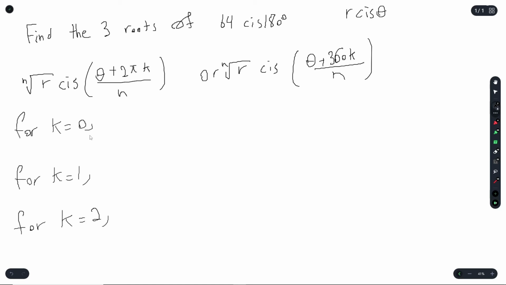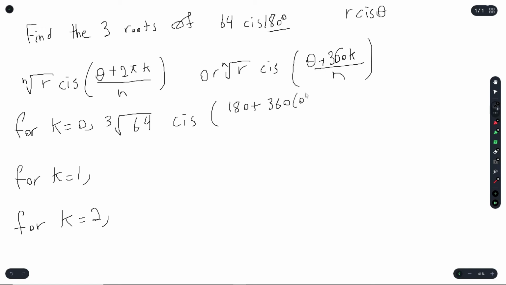So for k equals 0, R is 64, then n is 3, then cis theta is this here, so it's 180 plus 2 pi. Well, we'll use the degree version since this is already in degrees, so it's 360 times k.